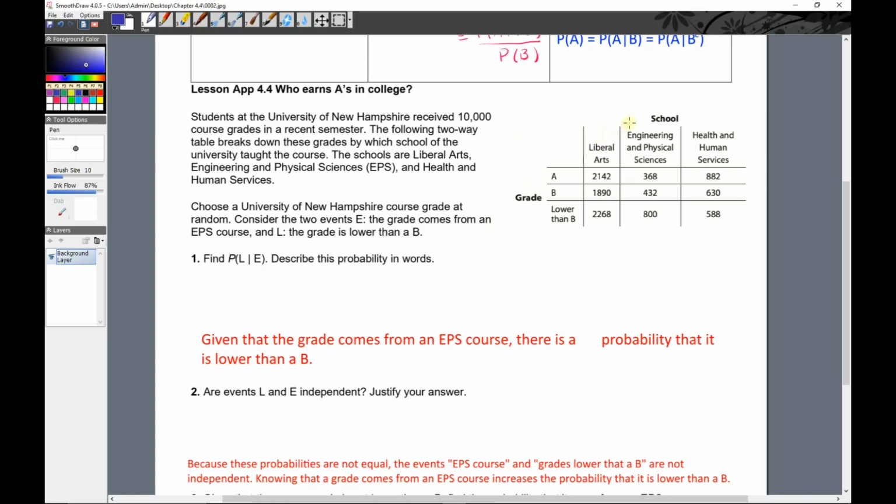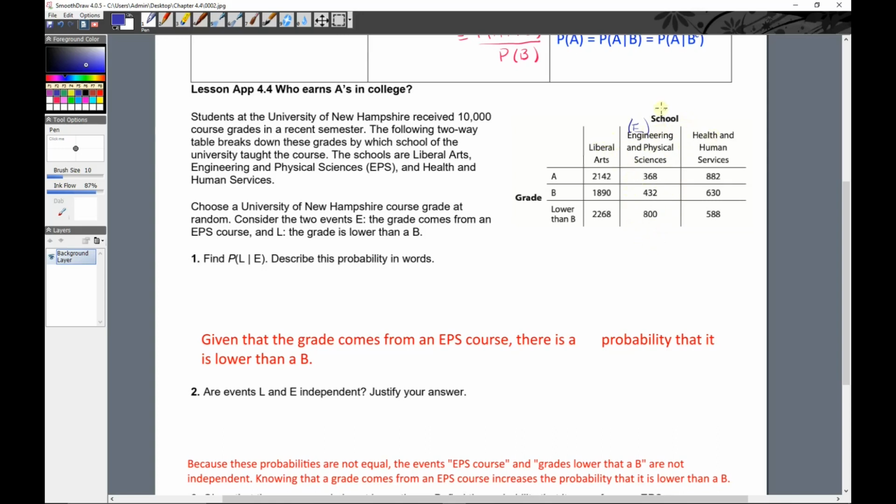So let's go ahead and call this event E. Now the other 2, liberal arts and health and human services, combined would be E complement. So I'm not going to write that in 2 different places. So if we're, say, given that a student is from the EPS school, then we would only concern ourselves with the values in this column.